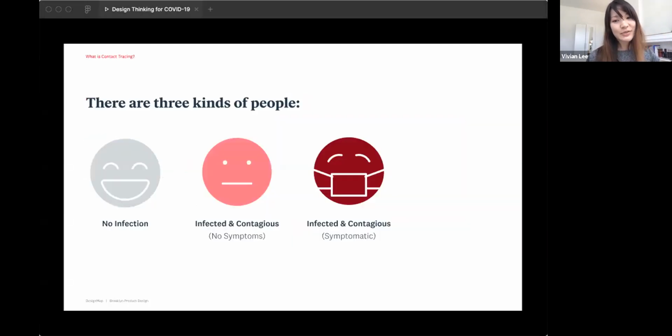So there are three kinds of people. The first kind in the gray is a healthy individual with no infection. The second in the pink are infected and contagious individuals with no symptoms, also called asymptomatic individuals. And the third in the dark red are infected and contagious individuals with no symptoms.